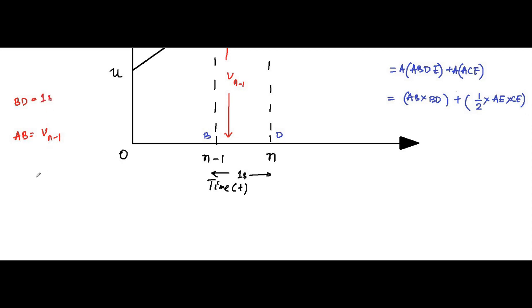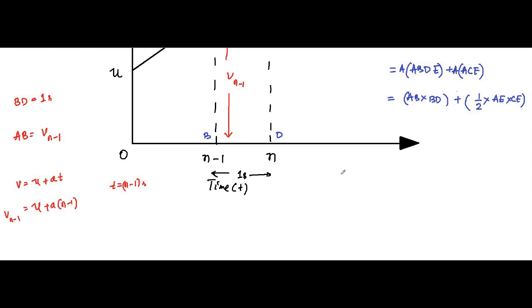V(n-1) can be calculated using this formula, v = u + at. Here t is equal to n-1 seconds. So it will be equal to u + a(n-1), simply substituting t with n-1. So V(n-1) is equal to u + a(n-1).